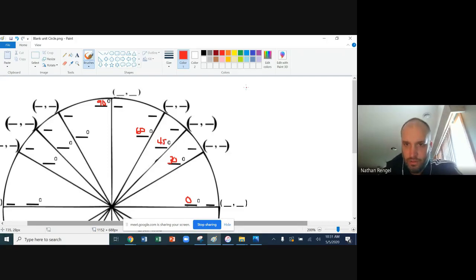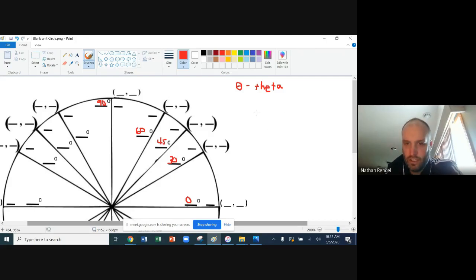And I also want to make you familiar with a symbol for an angle. A symbol for an angle is called theta. So theta is a Greek letter that is accepted in math as a variable to represent the angle measures.